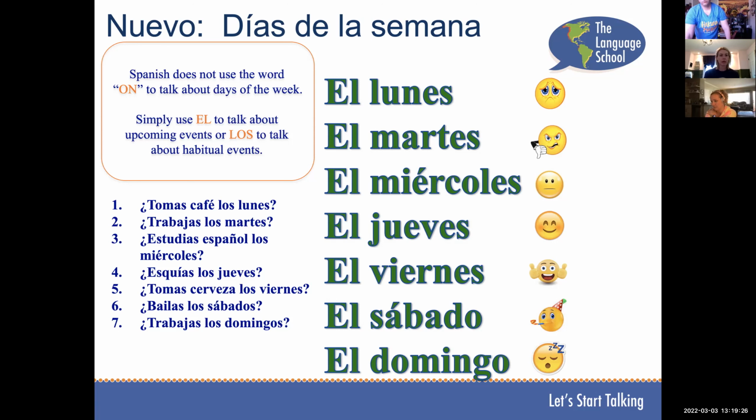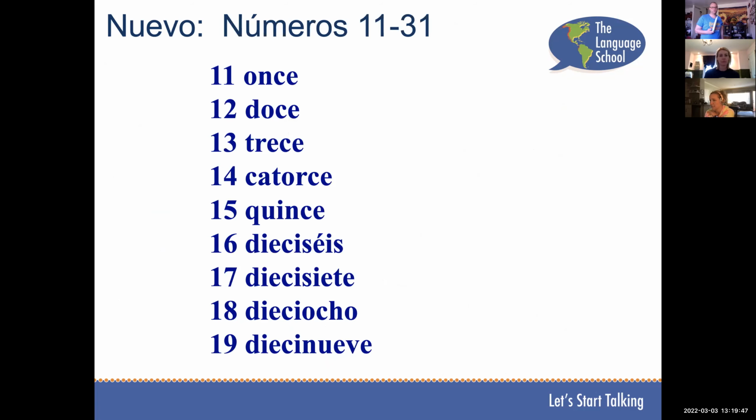No esquío los jueves. ¿Tomas cerveza los viernes? Sí, tomo cerveza los viernes. ¿Bailas los sábados? No bailo los sábados. ¿Trabajas los domingos? No trabajo los domingos.